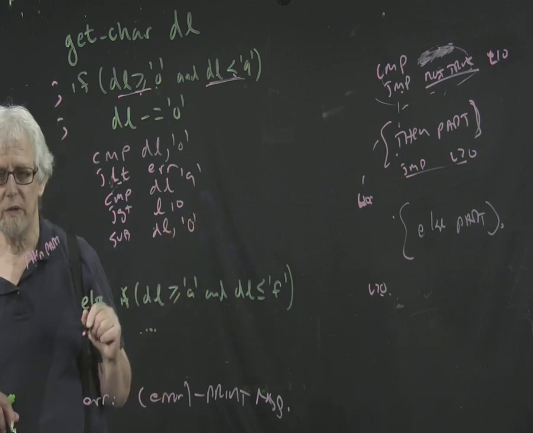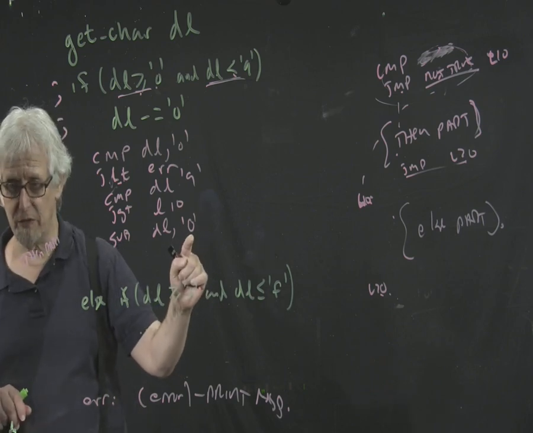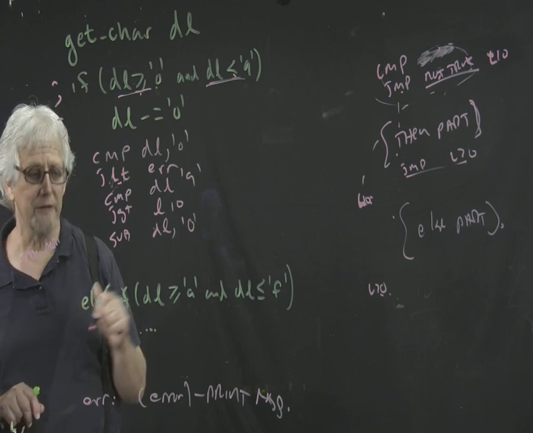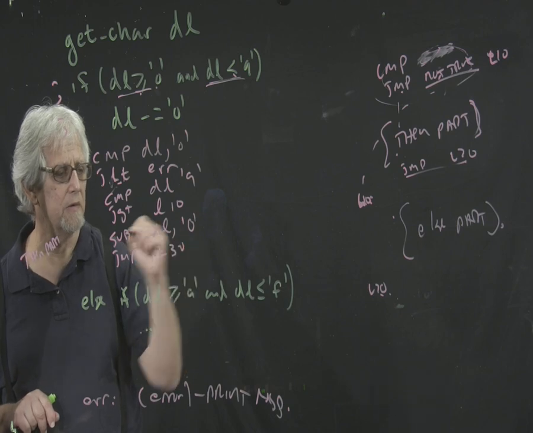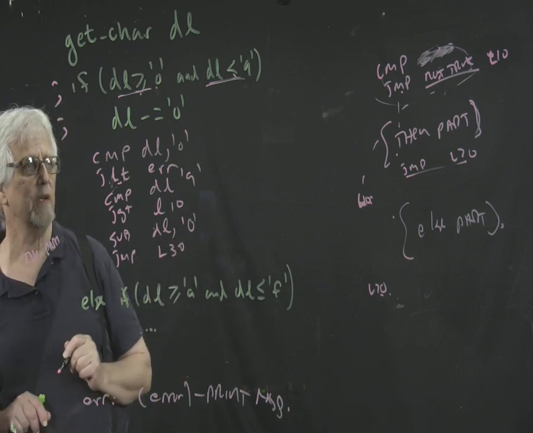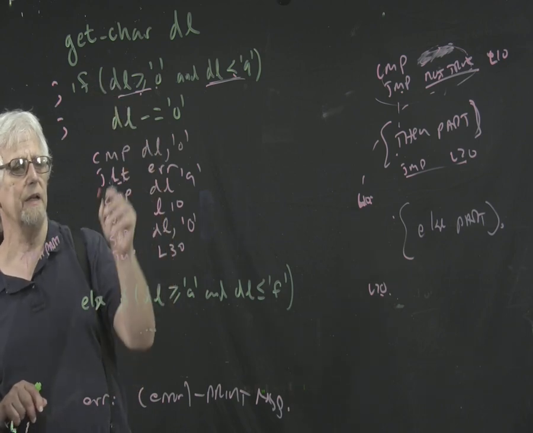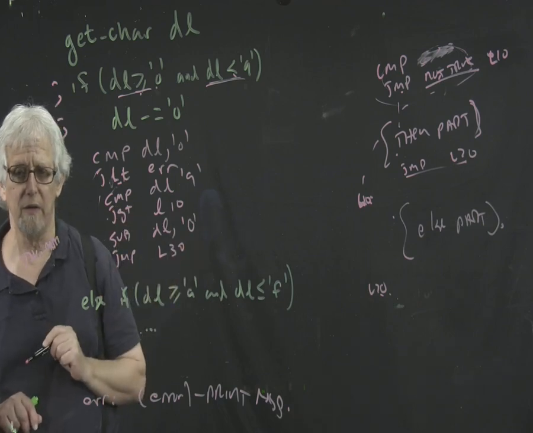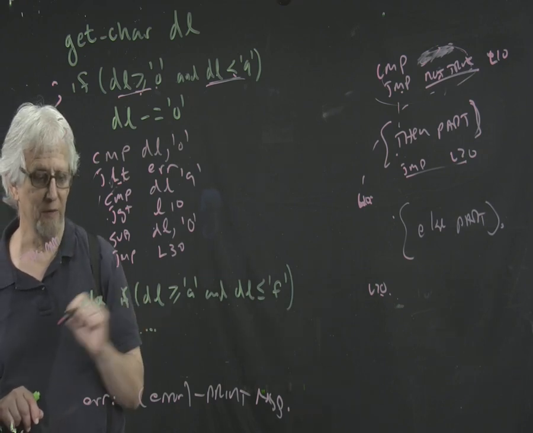Okay, so we're going to subtract that decimal 48, that hex 30, that character 0 from DL, and then we'll jump. Or something like that. So there's the then part. So we've taken care of the if-then. Okay, here's the if, here's the then part. Now the else part's going to be another whole if thing, right?